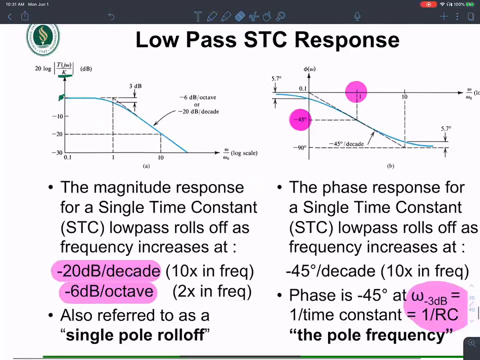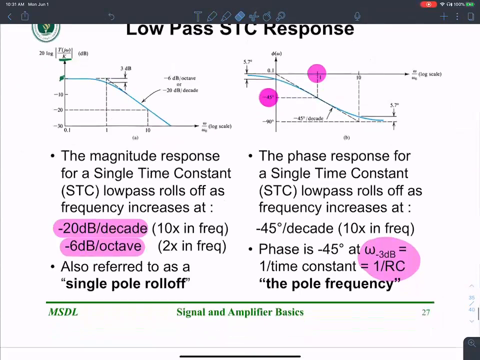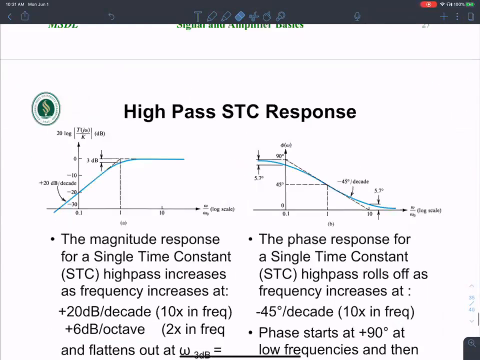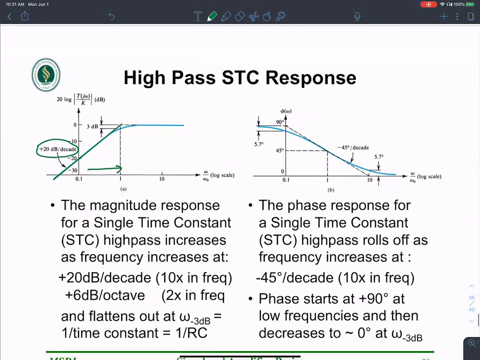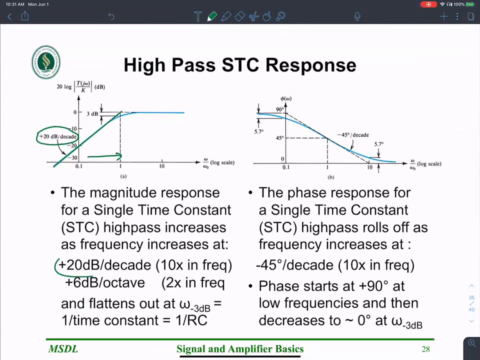The same can be thought of in terms of the high pass response, except that it happens at the low frequencies, and the magnitude increases at 20 dB per decade as you increase the frequency.